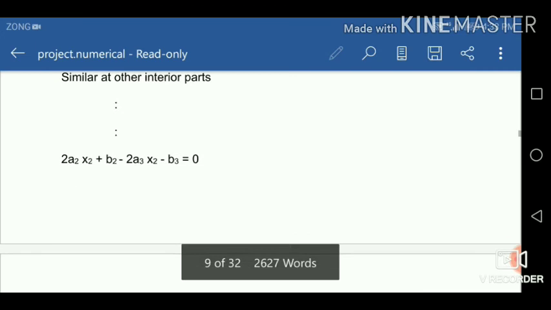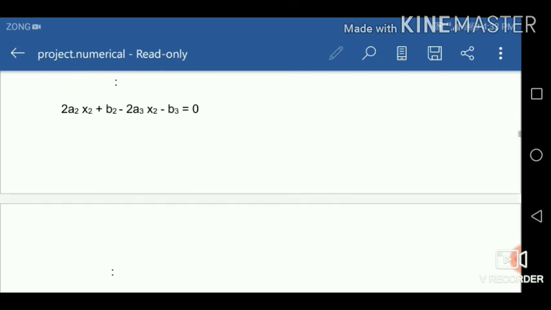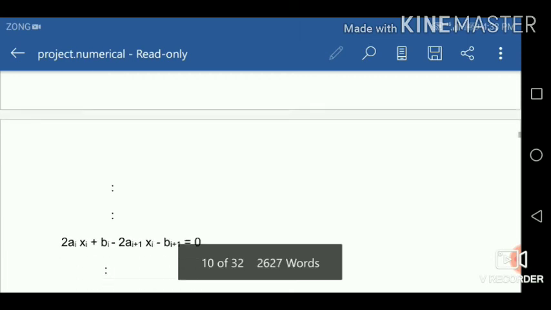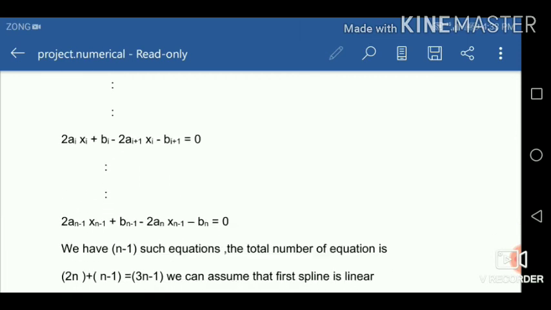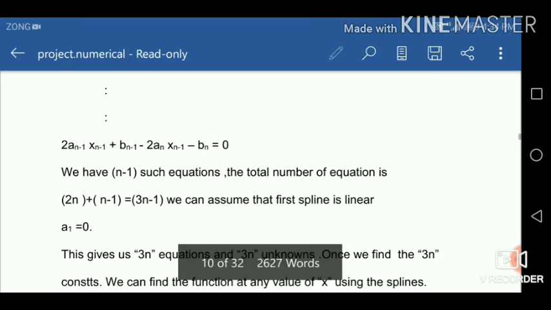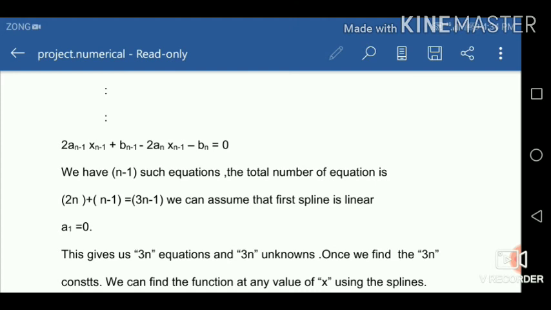Similarly, at other interior points, we get 2a2 x2 + b2 − 2a3 x2 − b3 = 0, then 2ai xi + bi − 2ai+1 xi − bi+1 = 0, and so on to 2an−1 xn−1 + bn−1 − 2an xn−1 − bn = 0. We have n−1 such equations.